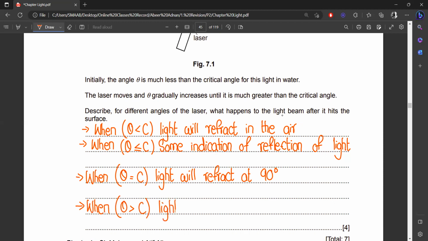The light ray will undergo total internal reflection, completely into the same medium. Okay. So this is the answer of part B, right?